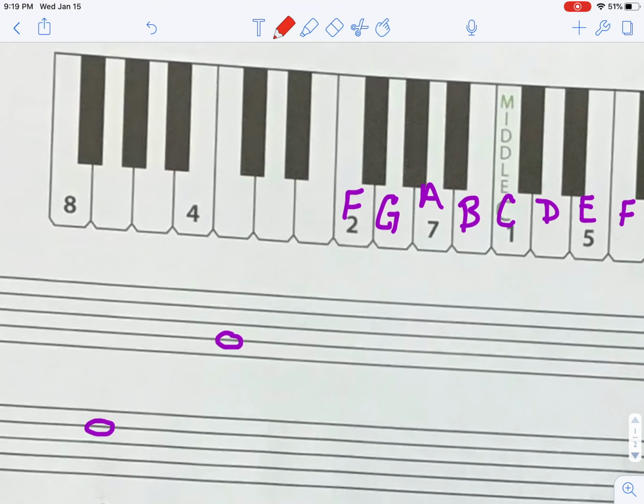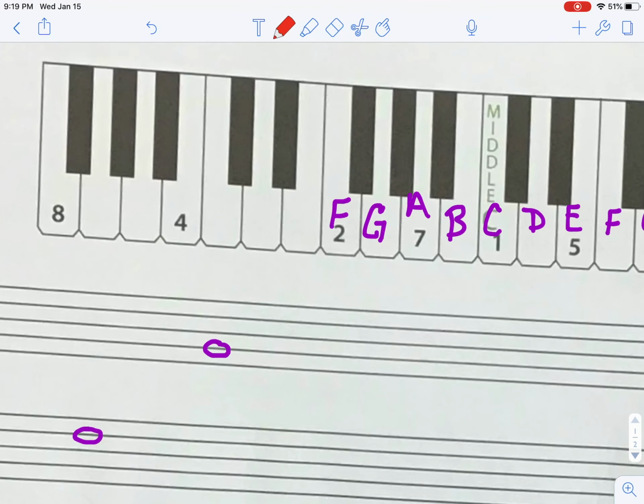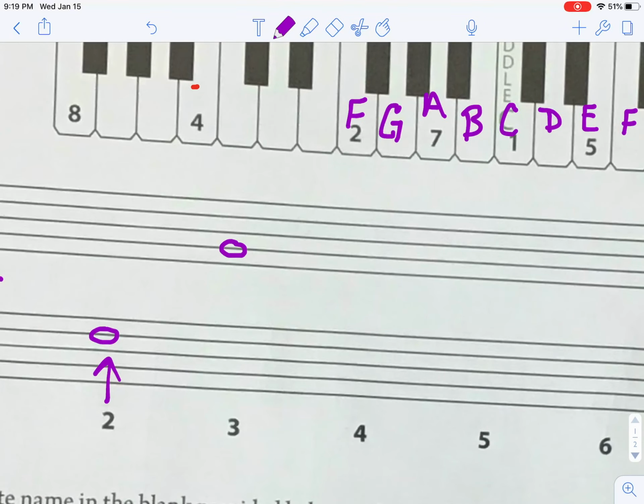Our next note, number 4, is all the way down here. We can go through and name each one of these pitches, and honestly, I'm probably going to. But we definitely know that it has to be lower than the note that we drew on number 2. It's got to be lower than F because it's another 1, 2, 3, 4, 5 keys down.